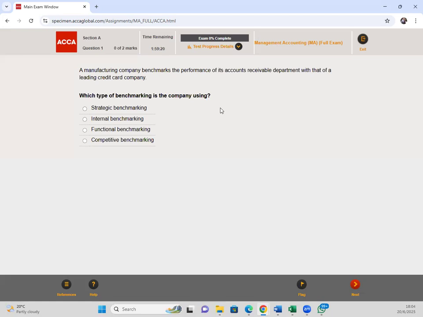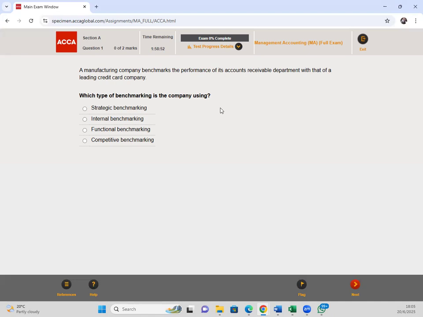A manufacturing company benchmarks the performance of its accounts receivables department with that of a leading credit card company. Which type of benchmarking is the company using? Okay, so the first thing that you need to understand is that for the theoretical questions, you do need to have a detailed understanding of the subject.